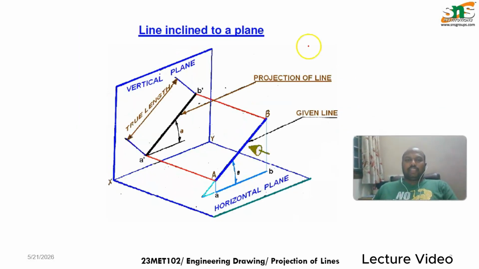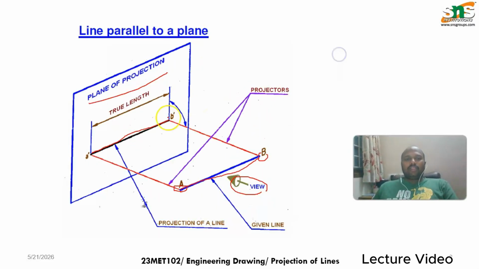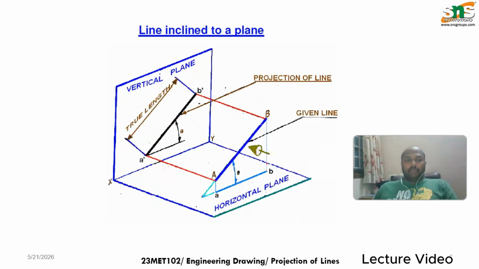The next one is if it is inclined. In the previous case, we needed only the length, the starting and the ending point. Now, for the inclined line, we are going to see the starting and the ending point as well as the angle.